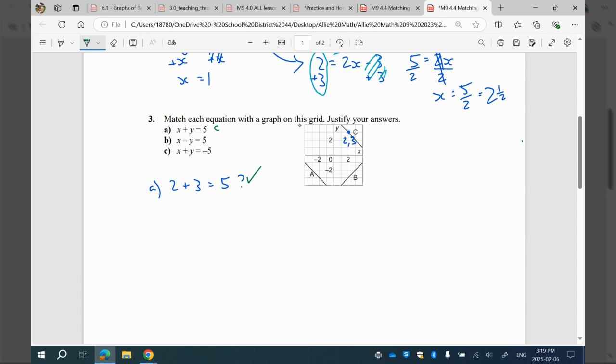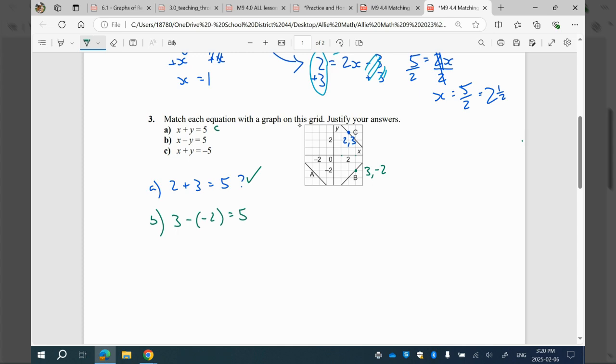Let's choose this dot now. This dot is at 3, negative 2. Let's input the values and see if it's true. Is it true that 3 minus negative 2 equals 5?